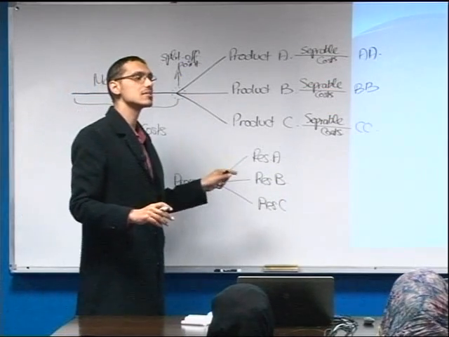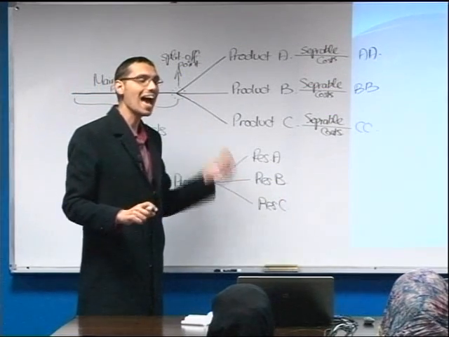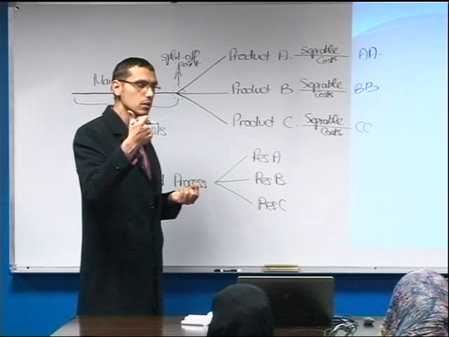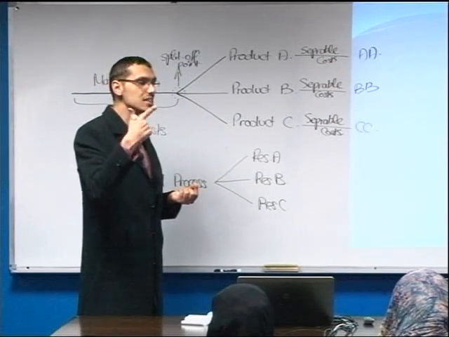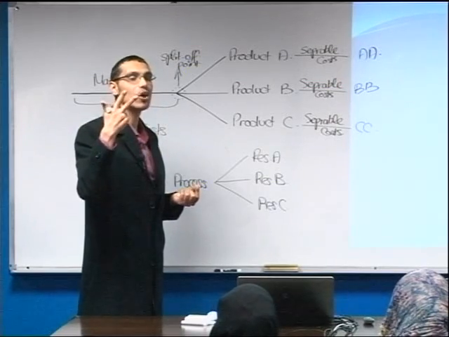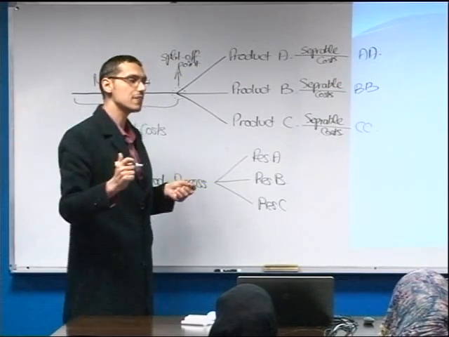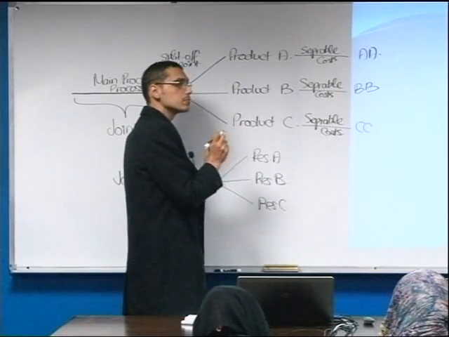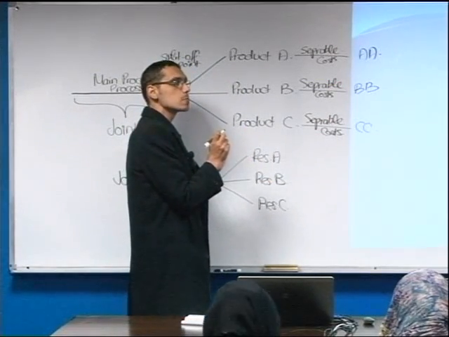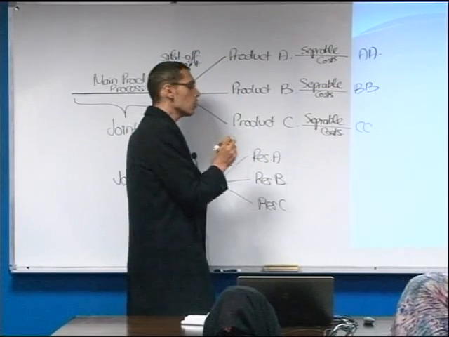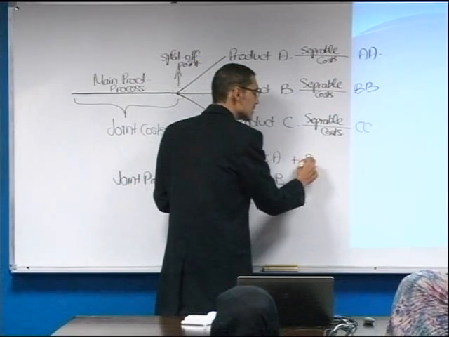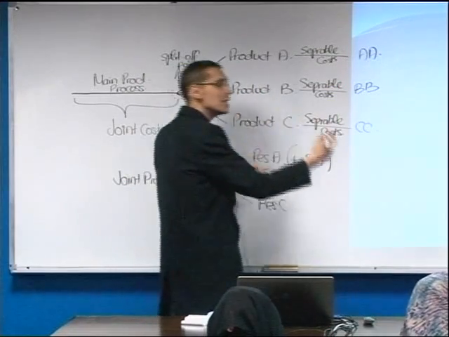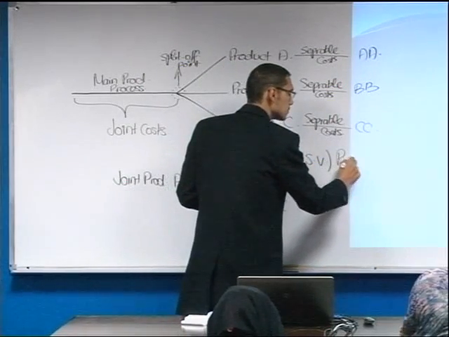Because these results may have a positive sales value, a negative sales value, or a 0 sales value. Therefore, if we have, for instance, result A with a positive sales value, this shall be called a product.